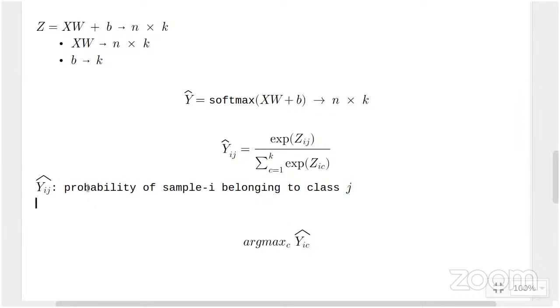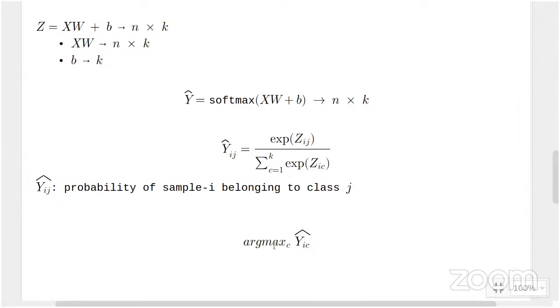Sir, assuming there are three classes, let's say the fruit classification problem: banana, apple, and orange. Every row will have three probabilities, and the addition of those three probabilities will be one. Whatever is the highest, that will be the class I assign, right? That is true for all rows. Sir, class there, do you mean class J or class C?